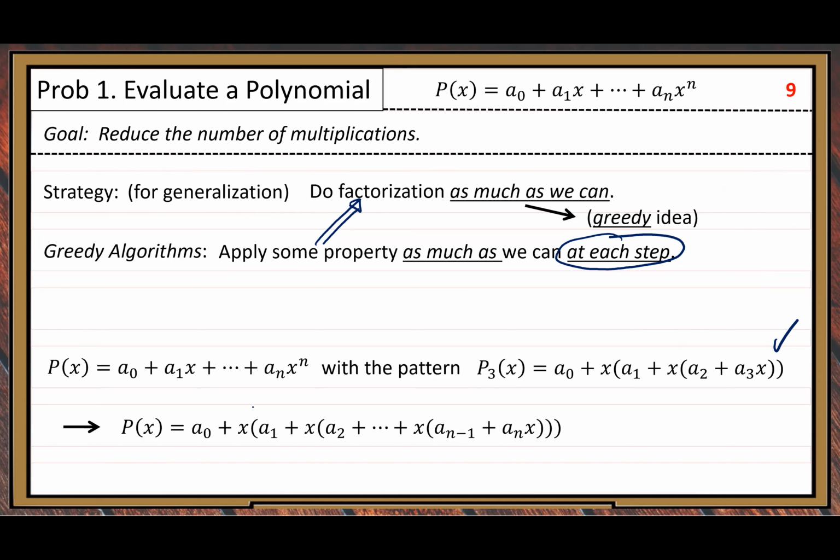One step here, another step, and so on until we get to the end. You can see for each step, we only need to do one multiplication, till the last one. The number of multiplications we need is only n multiplications. How about that? n multiplications.